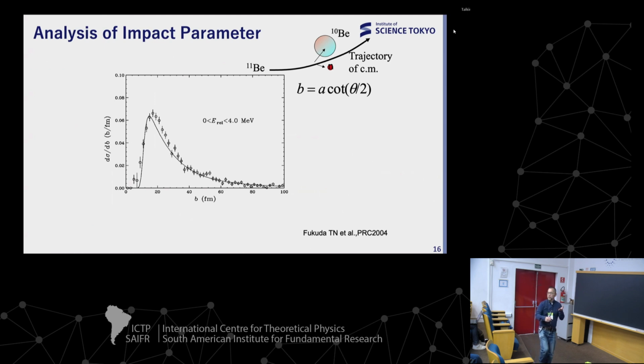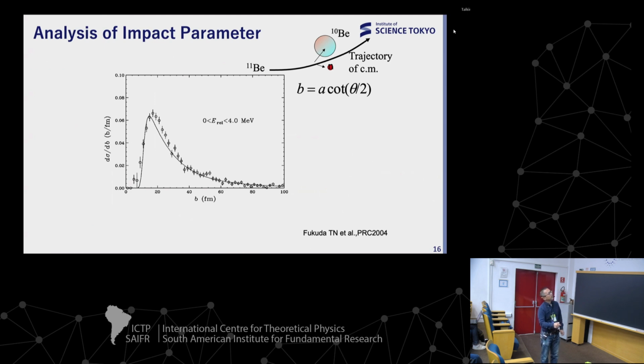But the excitation energy is very small, so the trajectory just follows the Rutherford scattering. And if you know the Rutherford scattering, the impact parameter is directly related to the scattering angles. You learned this as an undergraduate student, I'm sure.